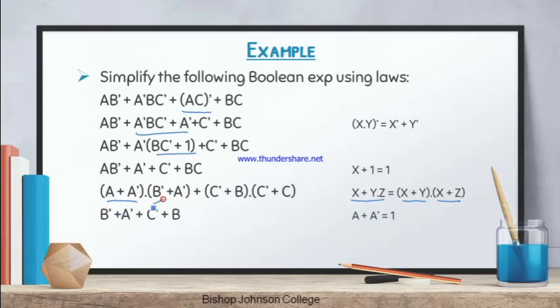So the rest is here, and here c plus c bar becomes 1. So this term is here. Then b bar plus b is 1. So it is a bar plus c bar plus 1. And as you know, 1 plus anything is always 1. It is a property of 1. So the final answer is 1.